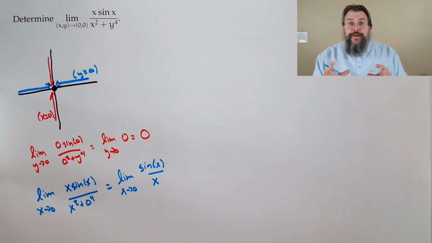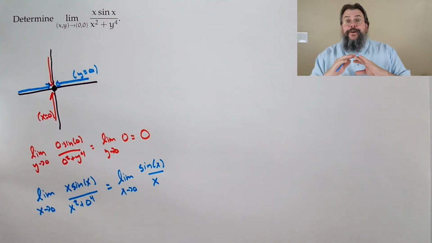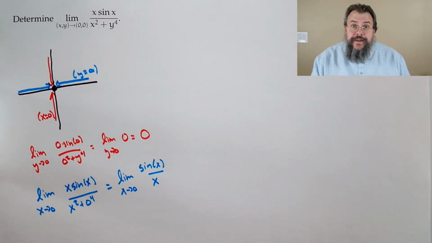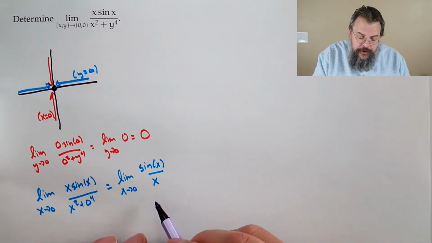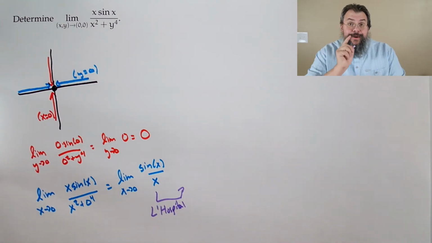Now, you may not remember it, but you might say, could we do a little L'Hopital? You can do L'Hopital here. If you forgot, you can say, look, do L'Hopital. Now, you might say, wait, are we allowed to do L'Hopital? And that's actually a great question.